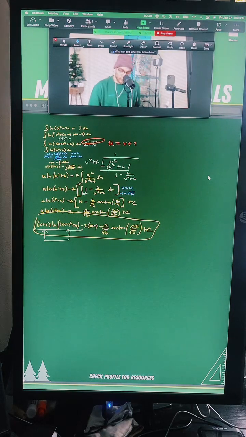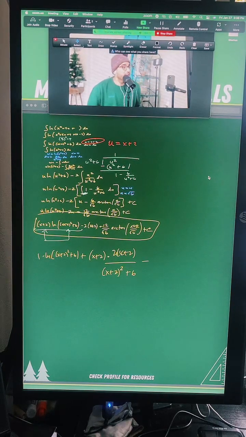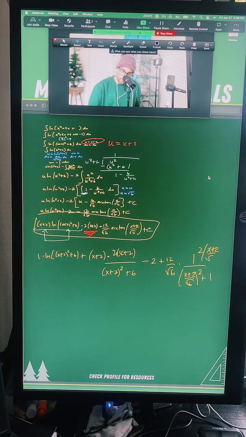So this is going to be the derivative of x plus 2, so 1, times natural log of x plus 2 squared plus 6, plus x plus 2 times the derivative of natural log, which is 1 over x plus 2 squared plus 6, and then times, up on top, the chain rule, so 2 times x plus 2, minus that second part, which is just minus 2, which is really nice, plus 12 over root 6 times arctangent, which is 1 over x plus 2 over root 6 squared plus 1, times the derivative of that, which is just going to be 1 over root 6.